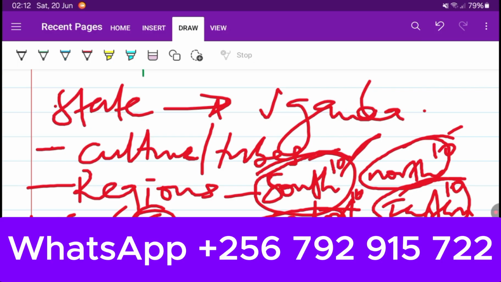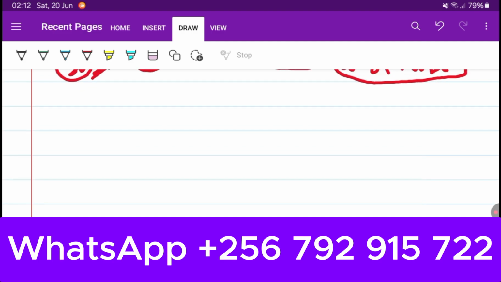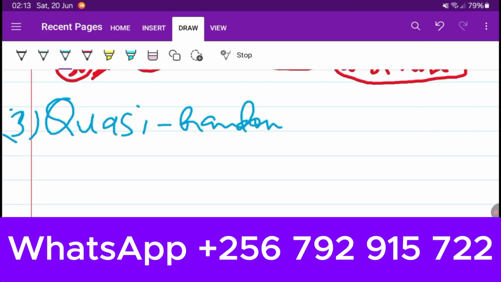Let's now look at the other category. And the other category, we have what we call the quasi random sampling. This is number 3. We are talking about quasi random sampling.